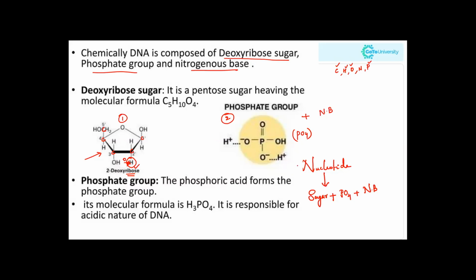These are the monomeric units of nucleic acid. Now, deoxyribose sugar is a pentose sugar having the molecular formula C5H10O4. And the phosphate group comes from phosphoric acid. That is why we call it nucleic acid, because it is acidic in nature due to the presence of phosphoric acid, whose molecular formula is H3PO4.